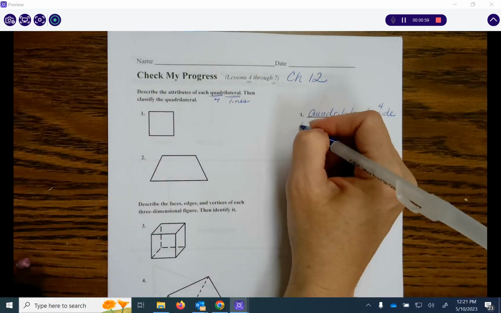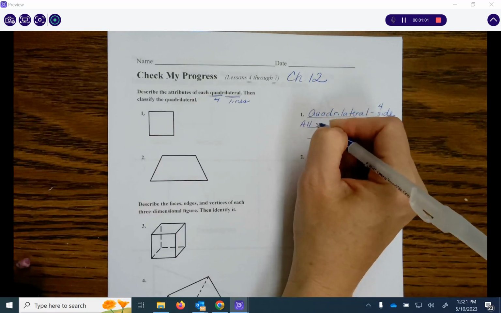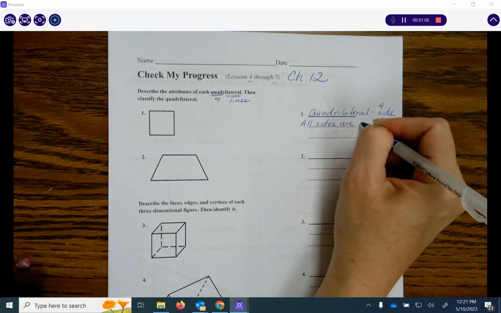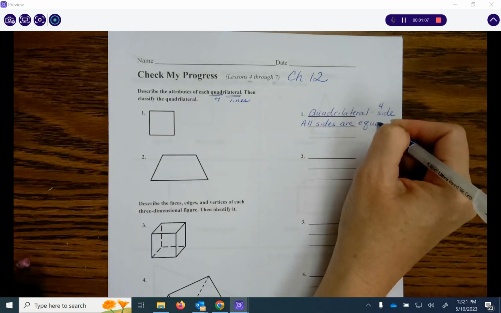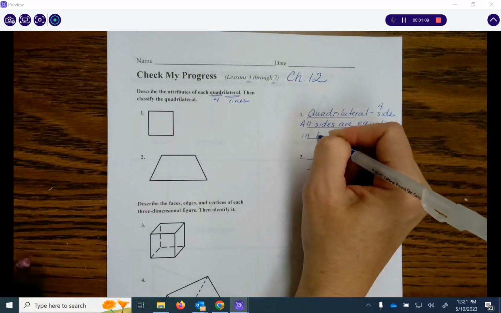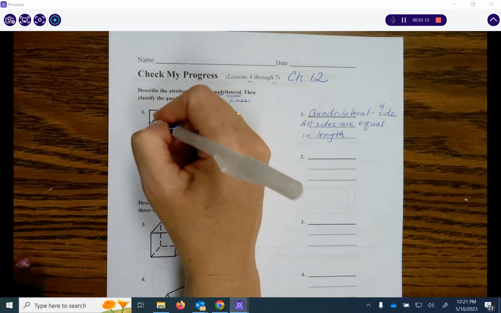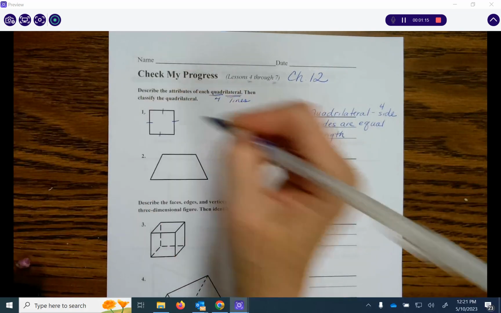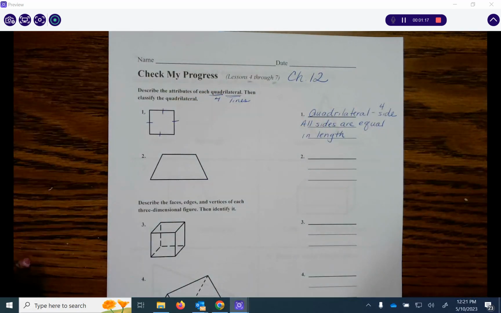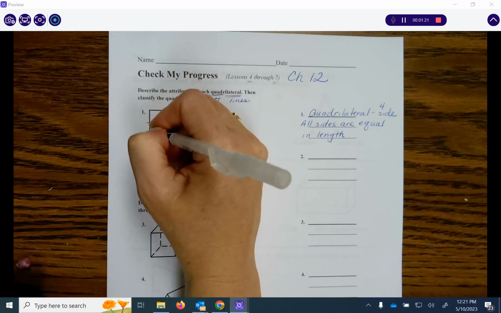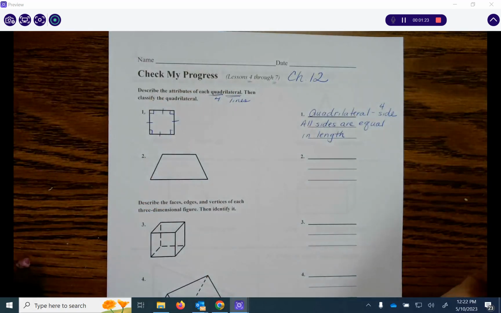Okay, all sides are equal in length. So left and right, top and bottom, all the same size. You'll also note that all of the angles are 90 degrees or right angles.